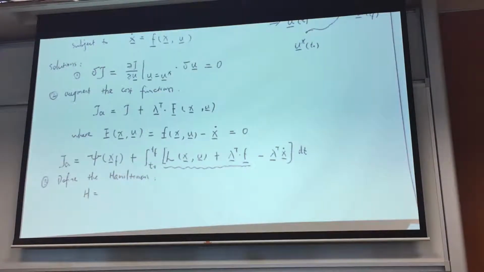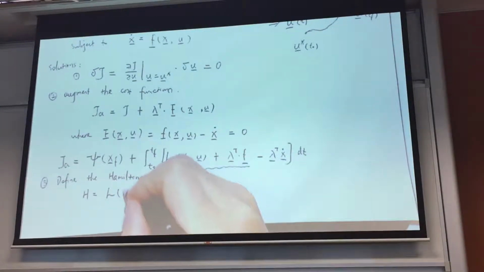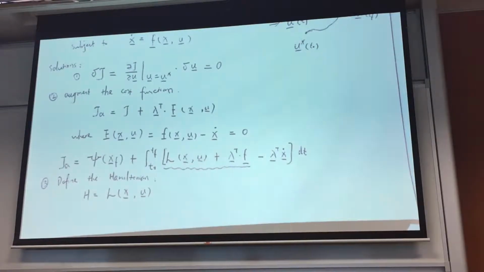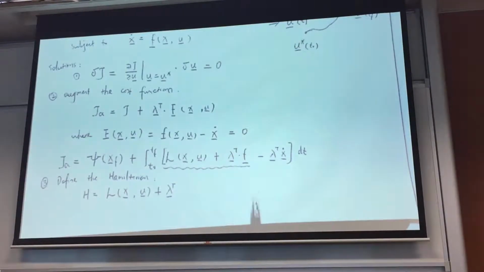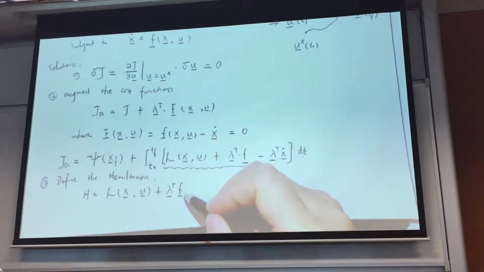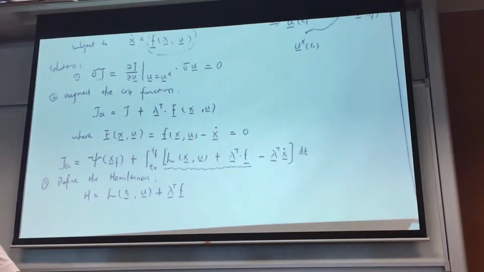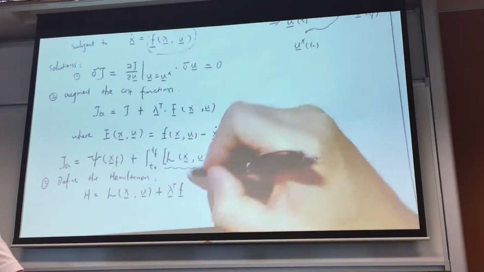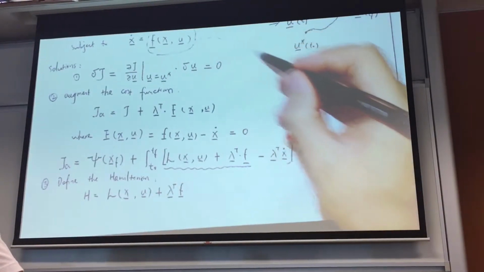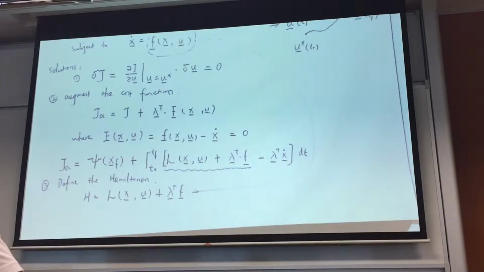This will be defined to be H, given by this L, the original function, augmented by our F. From here, you know why we only use this part to augment the cost function.